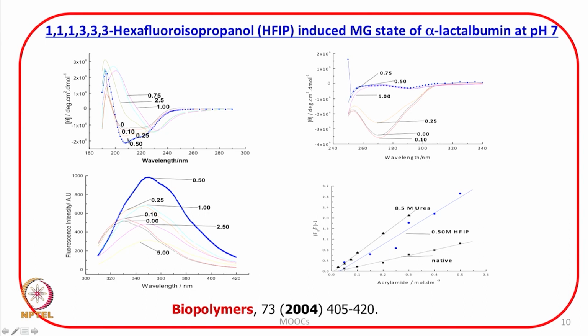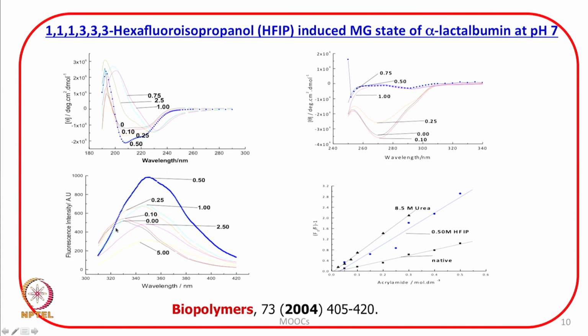That means the secondary structure is relatively stronger than that in the native structure, but look at the blue line here, the ellipticity is almost 0 in presence of 0.5 molar hexafluoroisopropanol, tertiary structure is lost. So, in presence of 0.5 molar hexafluoroisopropanol, secondary structure is strengthened, tertiary structure is lost, and therefore, this concentration induces a molten globule conformation in the protein.